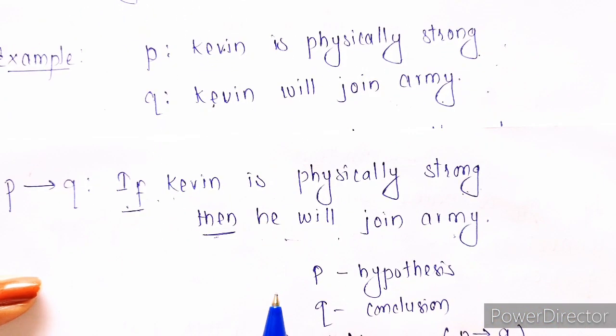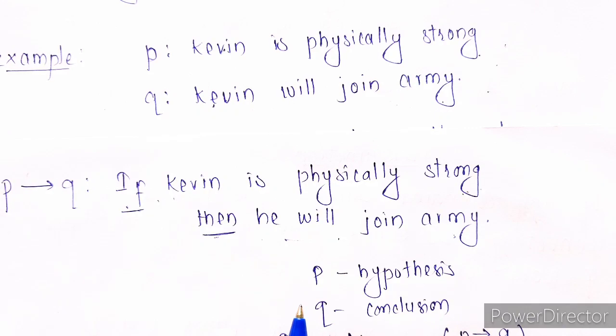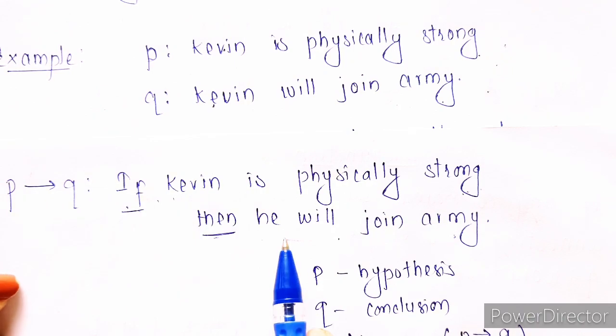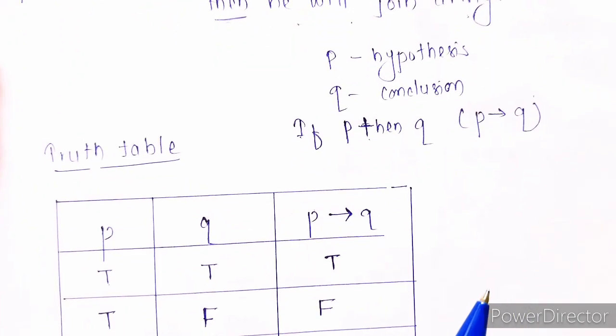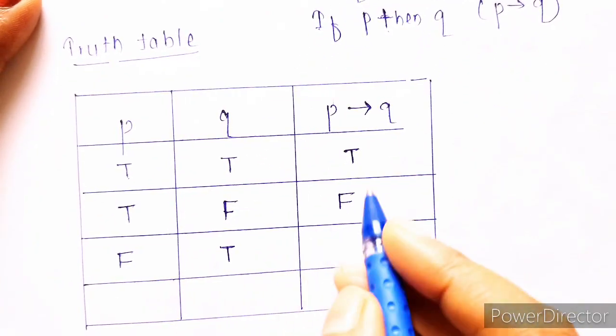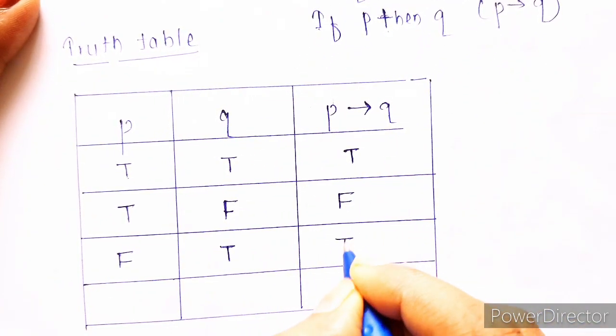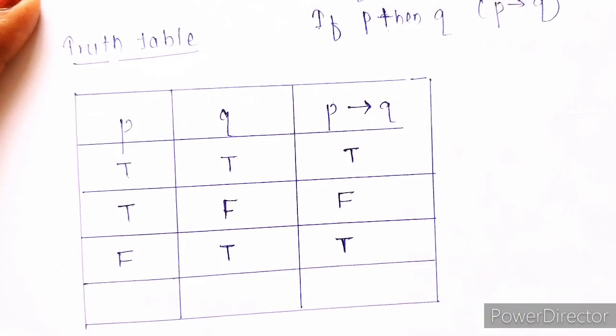And what we are saying is, if Kevin is physically strong, then he will join army. But Kevin is not physically strong, so there is no point in discussing the conclusion. We cannot say anything about the conclusion. So since our hypothesis itself is false, the implication becomes true, because we cannot say anything about the conclusion.